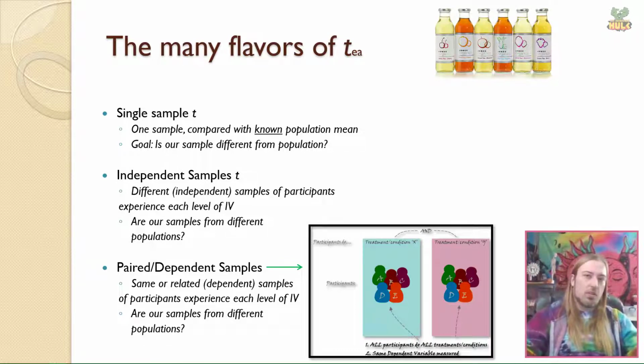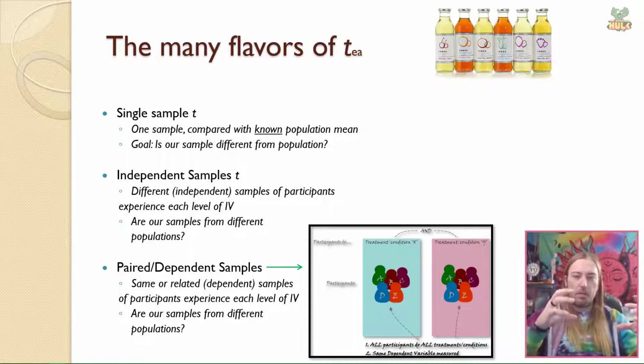We can also just have somebody perform a test. So maybe I see how quickly you can solve a puzzle. And then I give you training on how to solve similar puzzles. And then I give you the puzzle again and measure how quickly you can solve that puzzle, right? If I show an increase, perhaps I can say that my training improved your performance in problem solving. In this case, it's the same people, right?